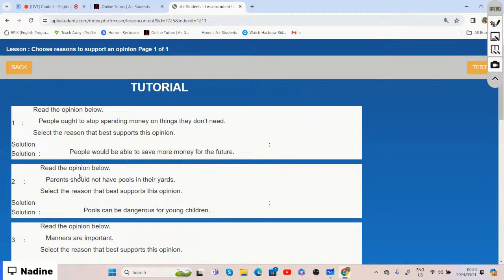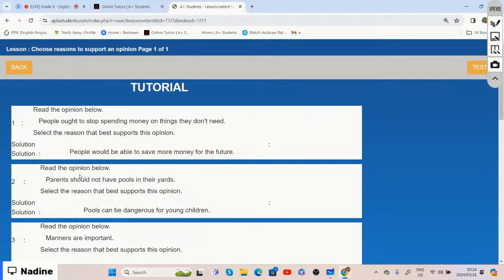Yes, people would save money. So that says people would save money.